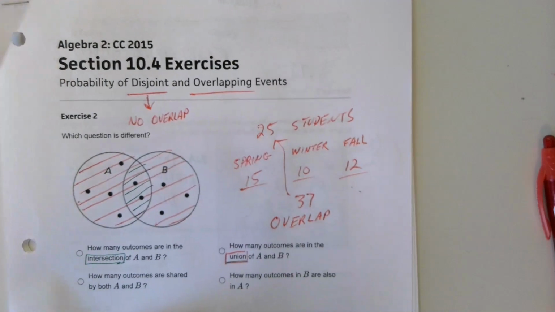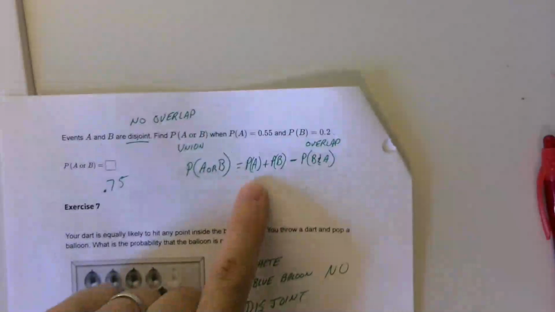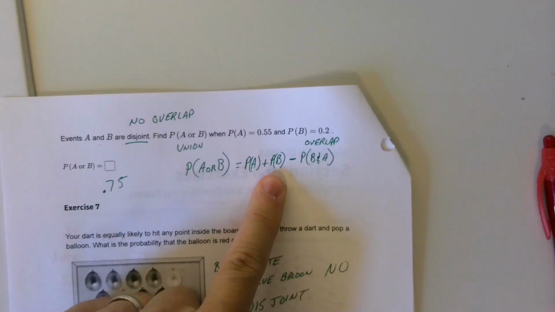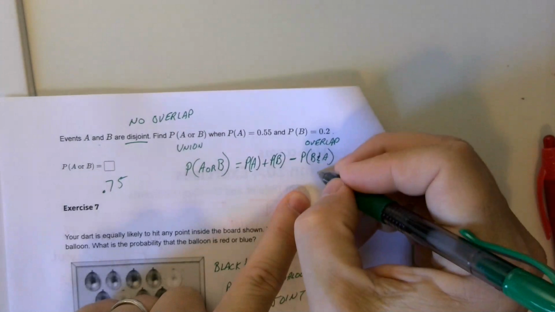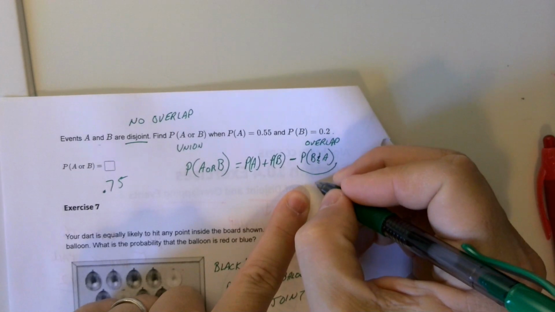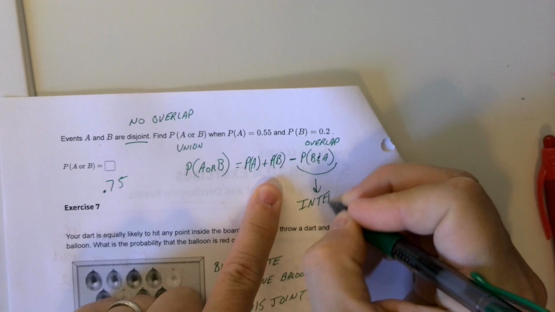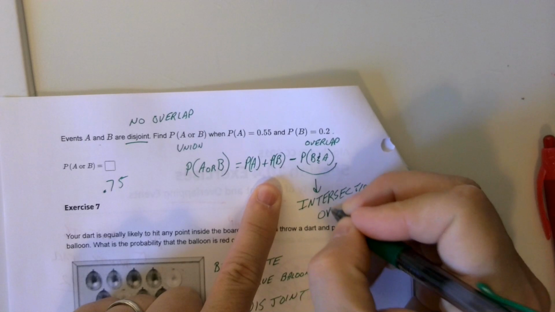Then we have this nice little formula that works for all of these problems: probability of A or B equals probability of A plus probability of B minus probability of both of them occurring. And this probability of B and A is simply called the intersection, or the overlap.